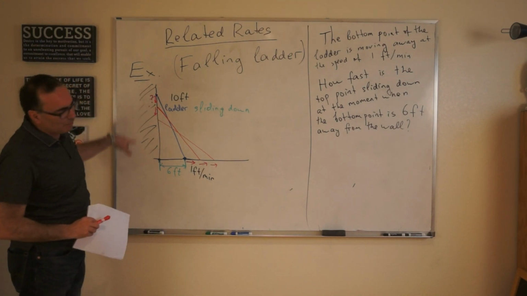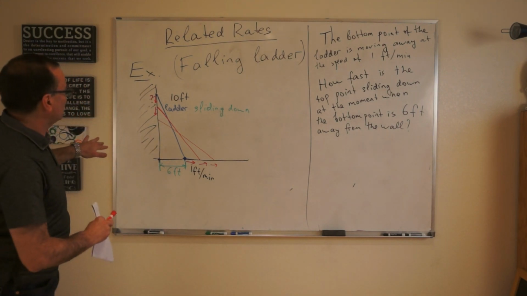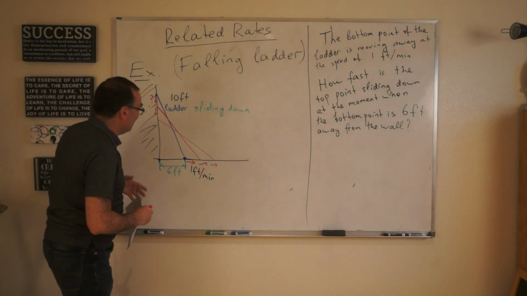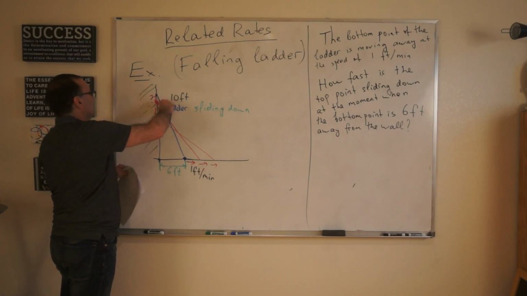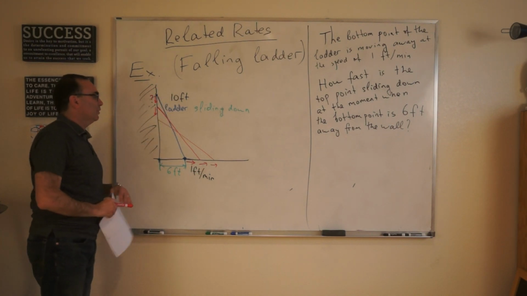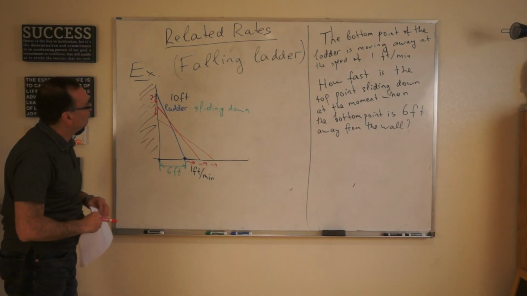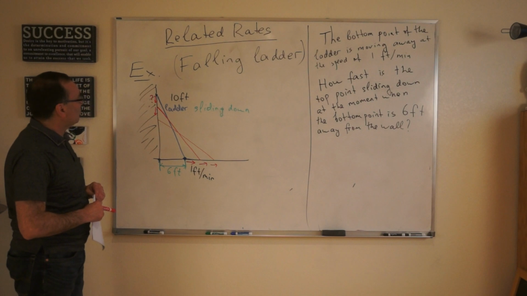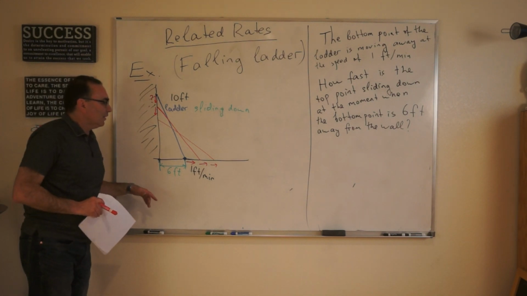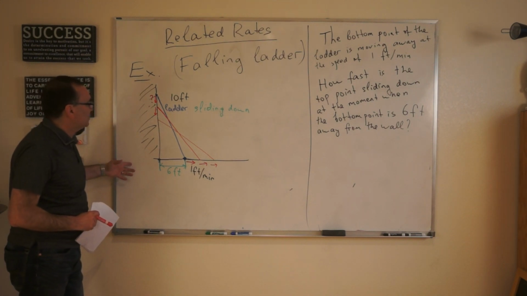Once again, like the previous example, this example describes dynamics. There is something moving, not a ball this time, but a ladder. Calculus is all about movement, about dynamics. And in order to solve this problem properly, we need to follow the same procedure like before.